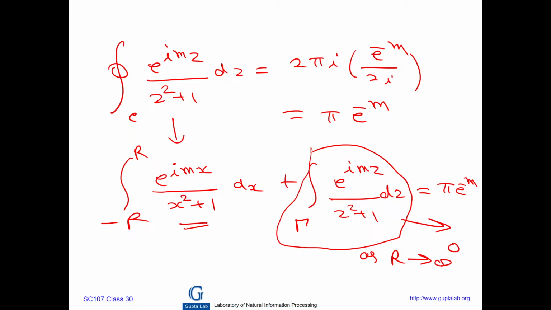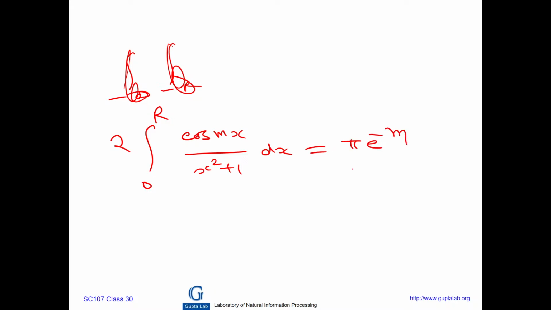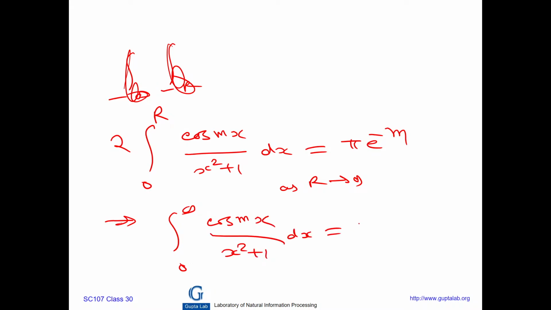Now this left hand side can be written as 2 times the integration from 0 to r of cos(mx) divided by (x^2 + 1) dx, which is pi times e^(-m). This implies that the integral from 0 to infinity, as r tends towards infinity, of cos(mx) divided by (x^2 + 1) dx is equal to pi times e^(-m) by 2.